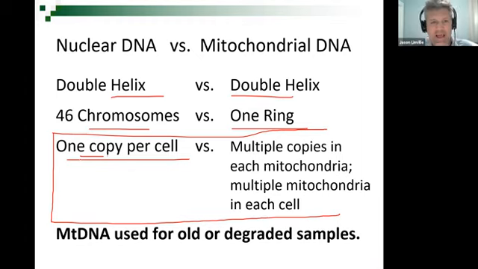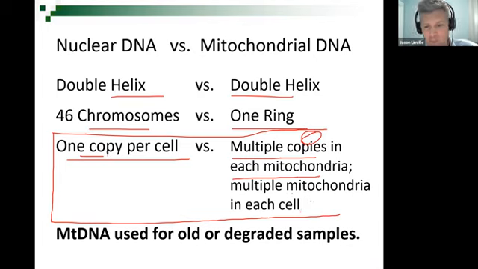In order to get reliable amplification, you really need about 300 or so copies of DNA in your amplification reaction. So for one cell, you're probably not going to be able to amplify DNA from that one cell. For mitochondrial DNA, there's multiple copies, meaning there's multiple rings in each mitochondria, and there's multiple mitochondria in each cell, okay?